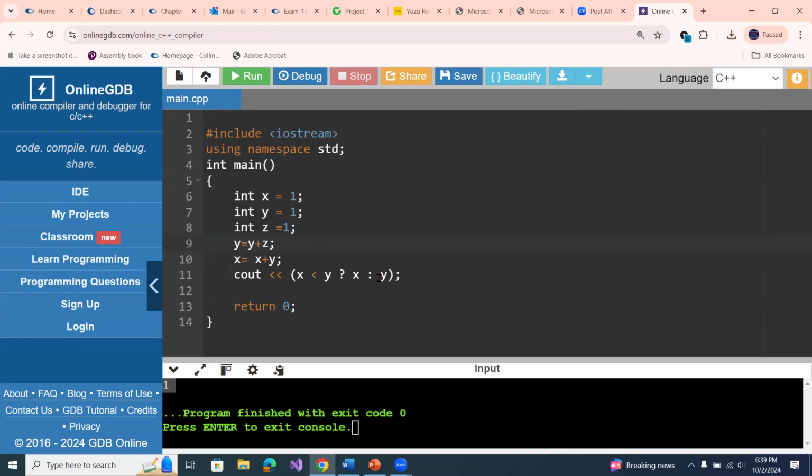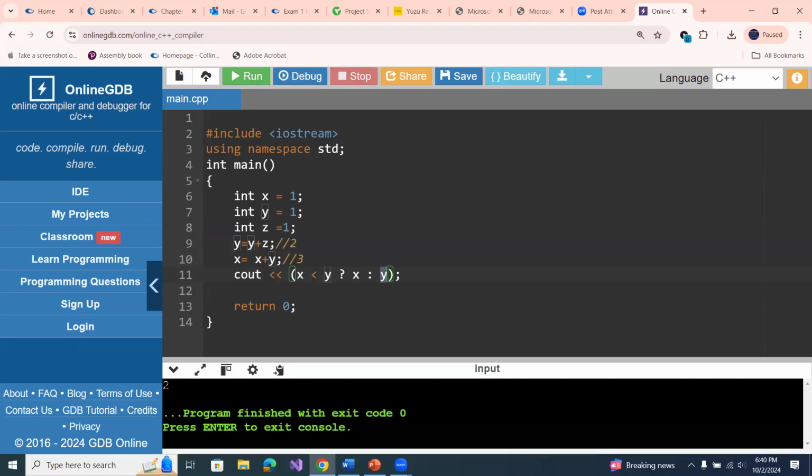Okay, I think I've got this correct. So y plus z would be 2. And now y is 2, x is 1, so this would be 3. Then is 3 less than 2? False, so it should print the y, which is 2.